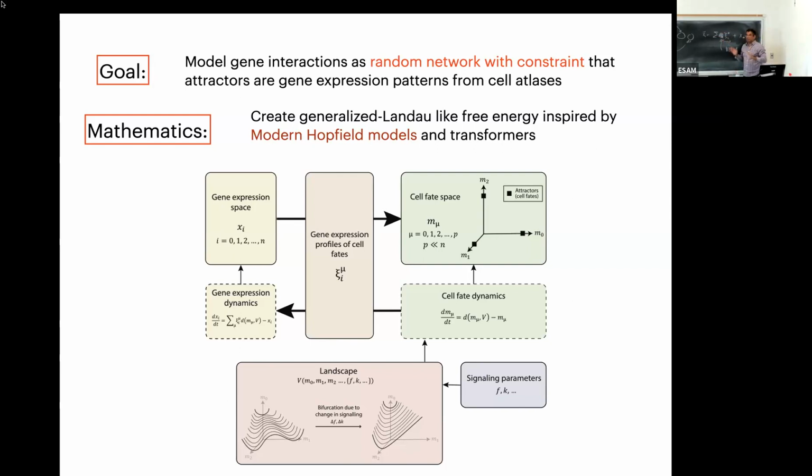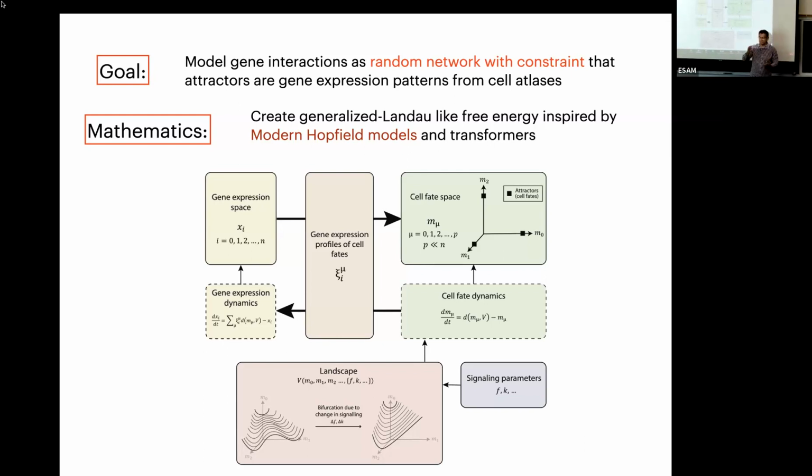So it's a weird construction. You have to just trust me that it does what it does. We don't really understand why it works. It's a generalization of the work on modern Hopfield networks that Krotov is doing. The important point is that this potential can be parameterized using normal forms of different bifurcations. This potential, of course, changes in time.